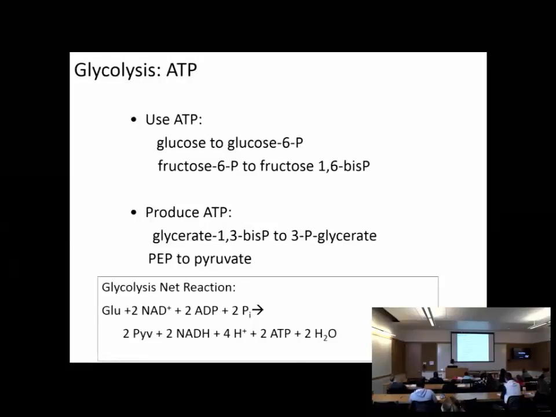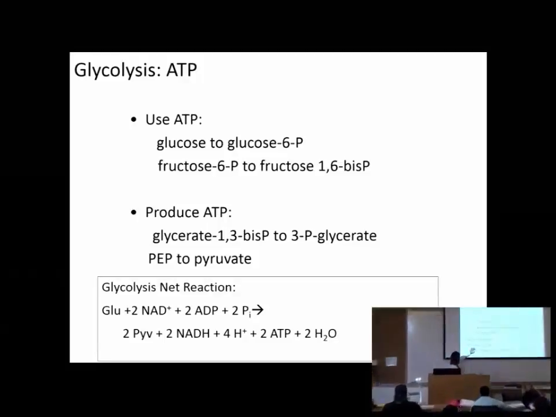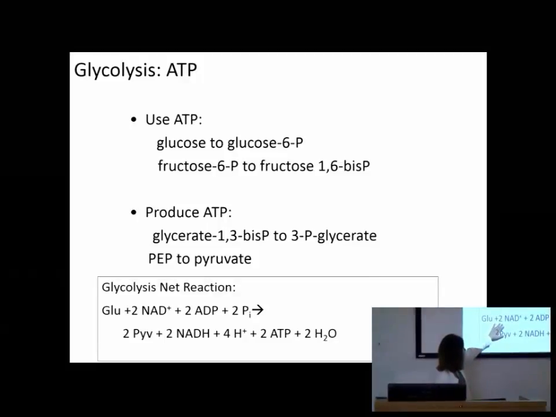Glucose, we need 2 of our NADs in order for this to occur. We make 2 pyruvates, 2 NADHs that are going to go to the electron transport chain, and 2 ATPs.